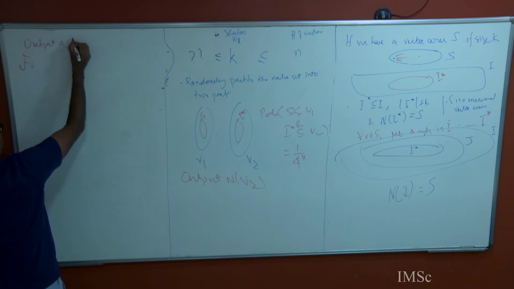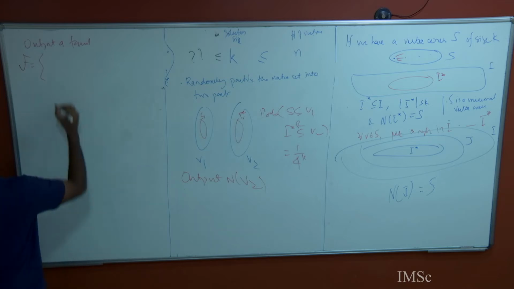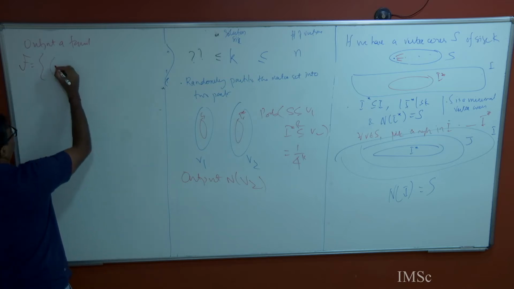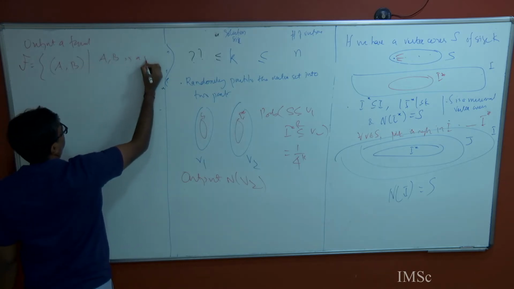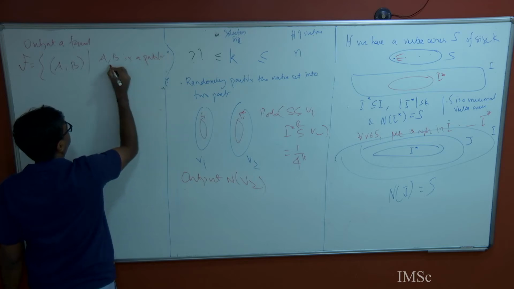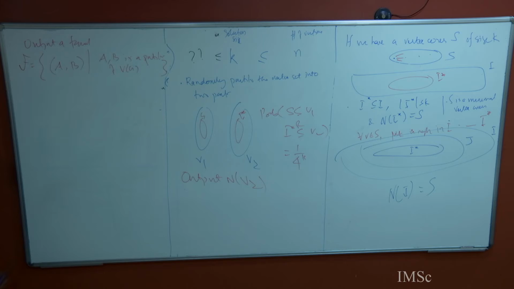The deterministic version of the algorithm will be to output a family F, which consists of pairs A comma B that are a partition of V. This is the first thing. So F is a family of partitions of my vertex set. And what other property do I want?